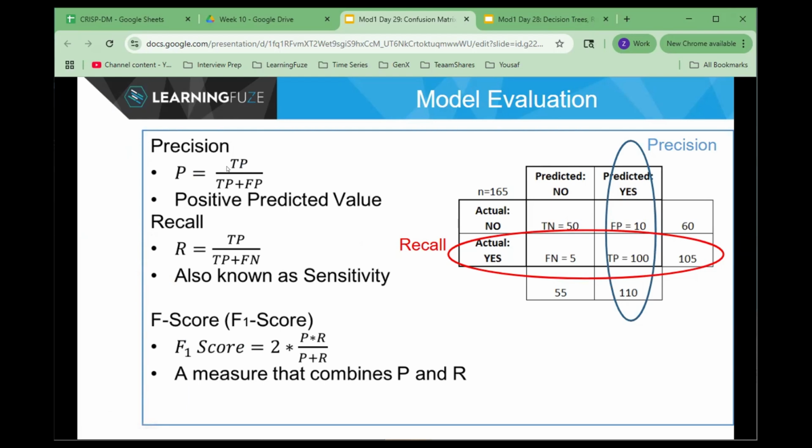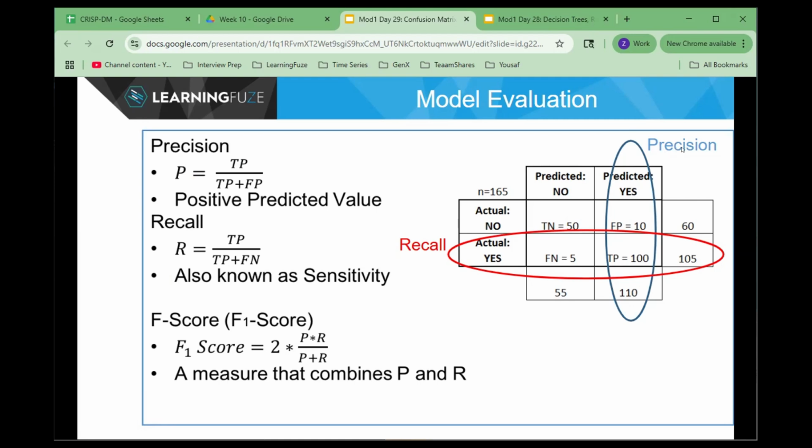In precision, we take the true positives and divide them by true positives plus false positives. So you can see the precision is this blue circle here. You take the true positives, which is 100, and divide it by the sum of true positives and false positives, which is 110.